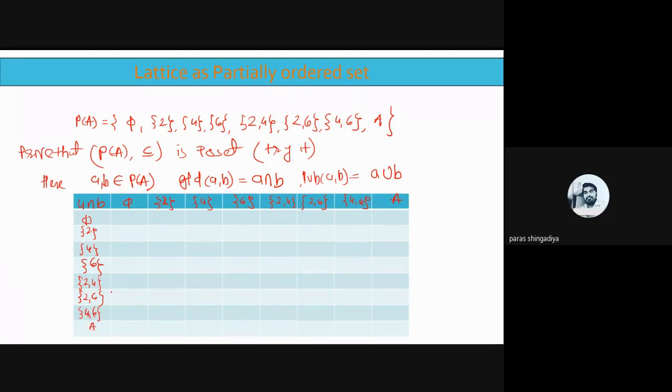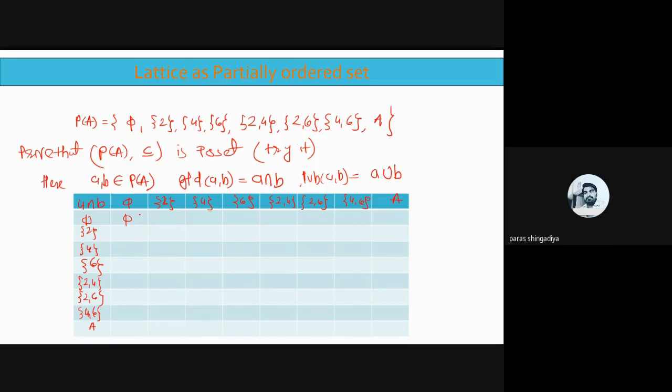Now make pairs, meaning consider A, B belonging to P of A and find the intersection. First is the empty set intersection the empty set. The answer is the empty set. There is no common value. Intersection means if there is any element common, then it is the answer. Clear?